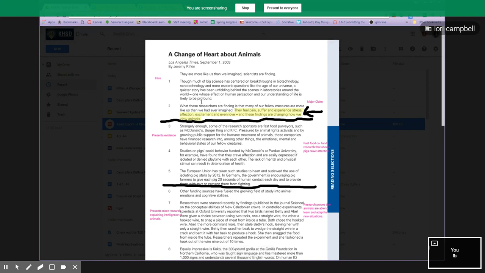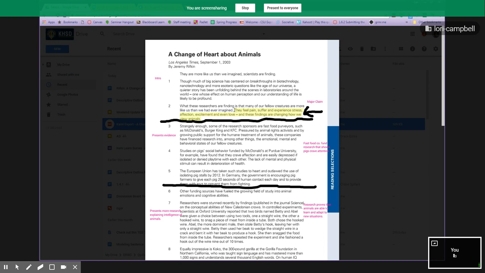That's too general. It hasn't given me yet what the statement is that he's trying to make, or what I expect the rest of the essay to be about. The title, A Change of Heart About Animals, is going to give me a clue as to what that thesis is.